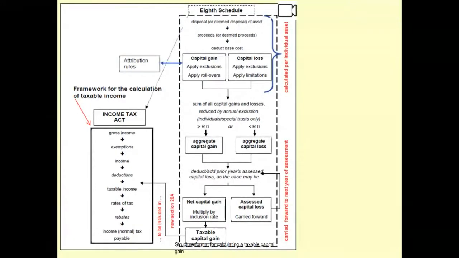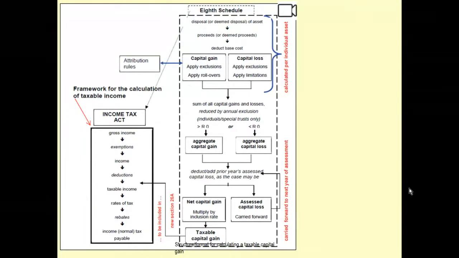And it's not a structure or an order or a format that, as an individual, I thought out and said, okay, this is how my students need to calculate this. This order, structure, format, whatever you want to call it, is based upon provisions in the 8th schedule. So it's legislation that tells us, listen, this is how you are going to be dealing with each individual asset, and then ultimately to work towards a taxable capital gain.